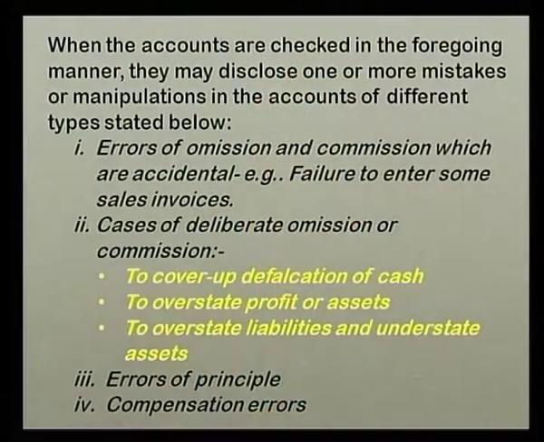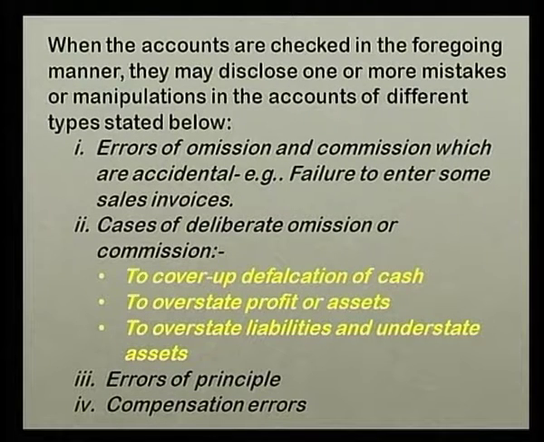They occur because of ignorance or accidental mistakes. Posting errors could be there, totaling errors could be there, and there could also be a failure to enter some of the invoices.